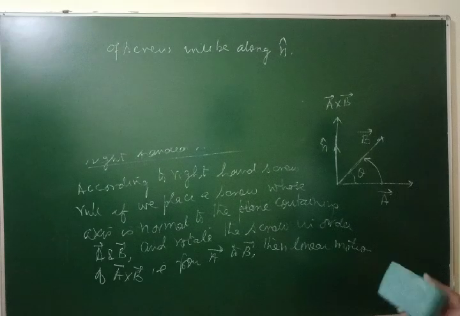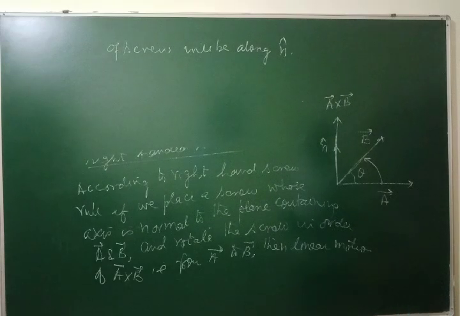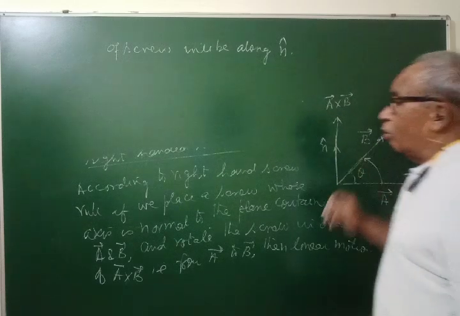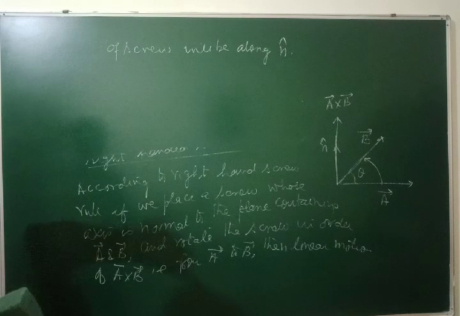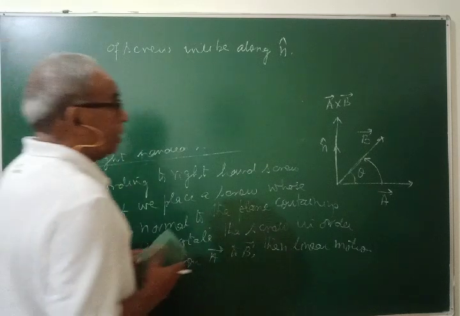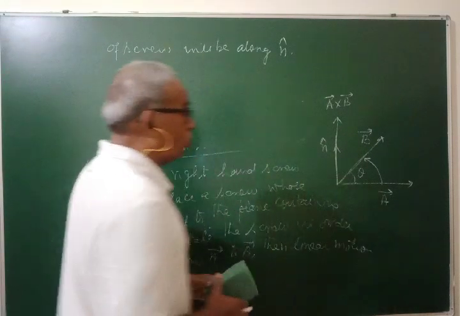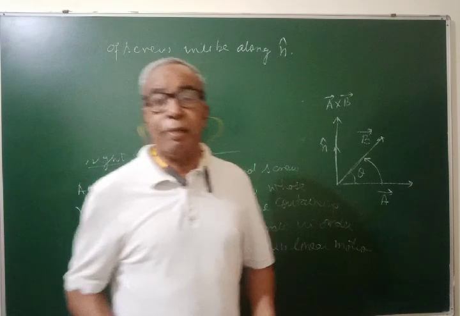So I told you the vector product of any two vectors A and B is defined as modulus A cross B equal to modulus A modulus B sin theta n cap, where n cap is a unit vector whose direction is normal to the plane containing vectors A and B.